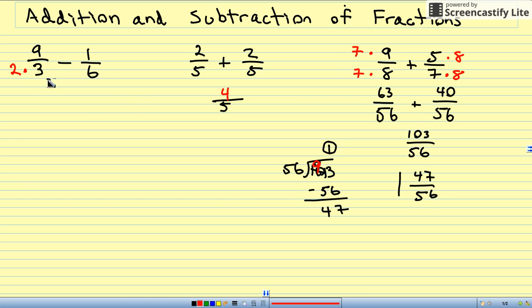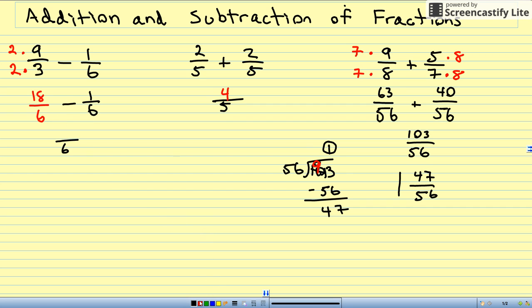So 3 times 2 is 6. And remember, if I multiply the bottom, I've got to multiply the top by 2. So what I've got now, 2 times 9, 18. 2 times 3, 6. And then I'm subtracting 1 over 6. Now, I've got the same bottom number, 6 and 6. Yay! So I just put the 6 there.